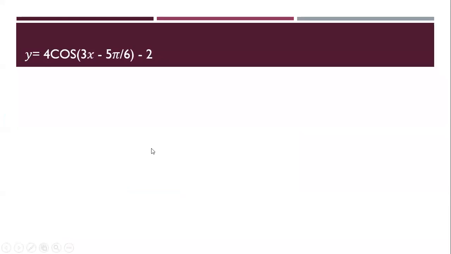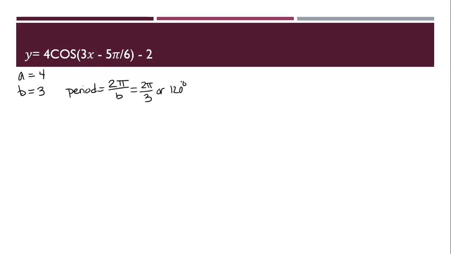Let's look at cosine. Same process. Amplitude is 4. My B value is 3. So the period is going to be 2 pi over B, which is 2 pi over 3 or 120 degrees.